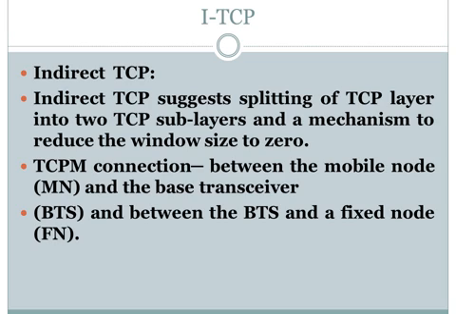In all these types of TCPs, we assume there is a connection between a mobile node and a fixed node, and that fixed node and another fixed node. So there is a connection between a mobile node to a fixed node, and that fixed node to some other fixed node.